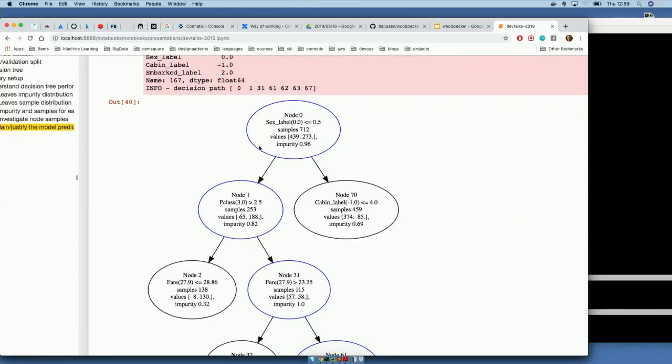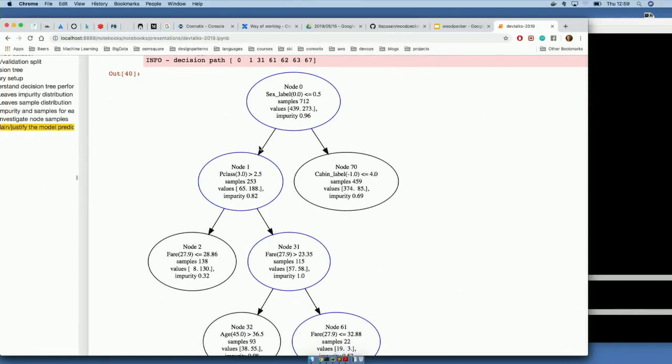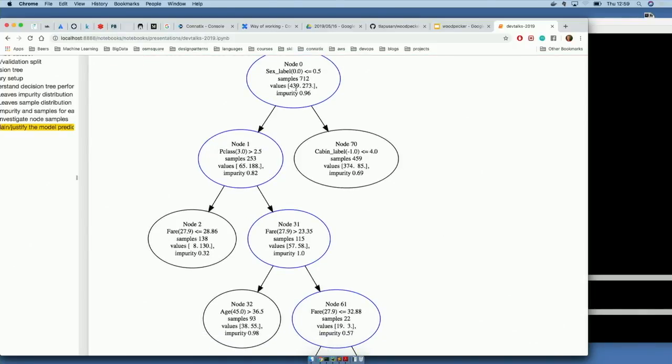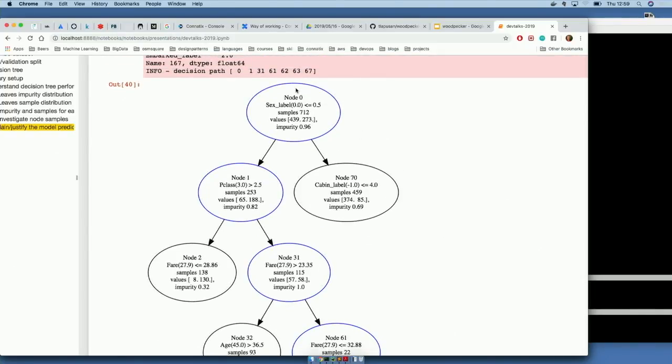I can look at all the prediction path from the tree. And as you can see, instead of showing all the tree, now I visualize only the prediction path with the blue bullet.